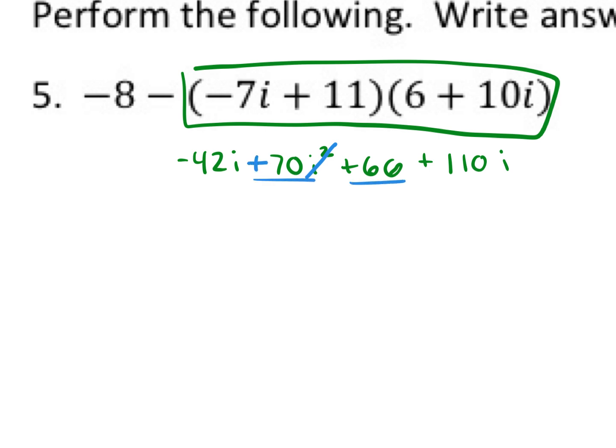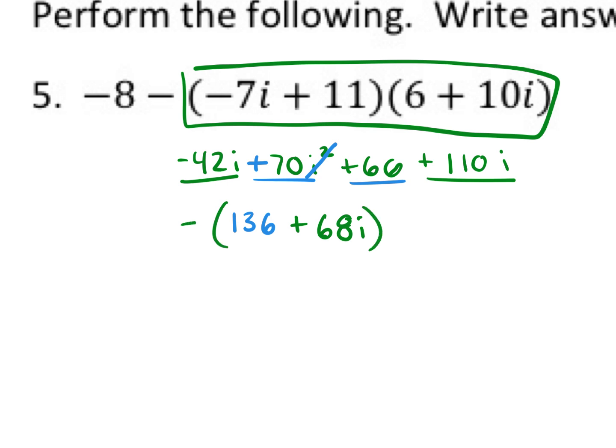So 70 plus 66 would be 136. And then when I combine my imaginary numbers together, 110i minus 42i would be what? 68i.